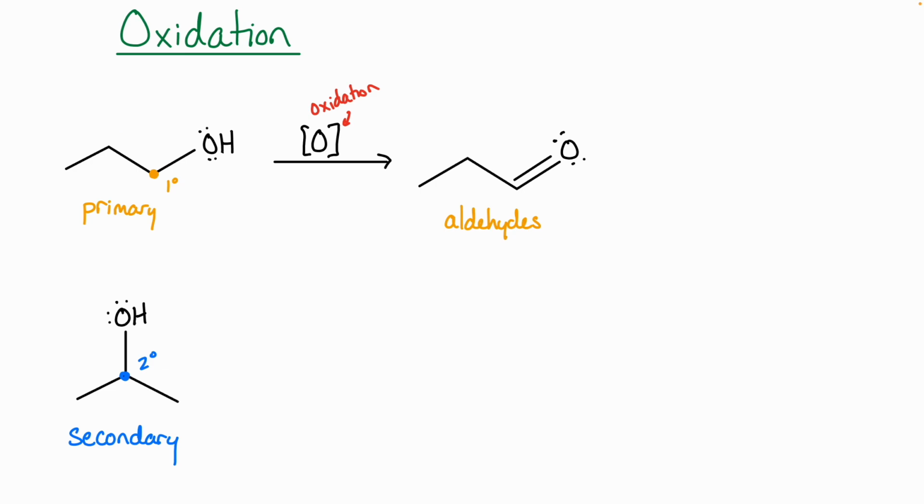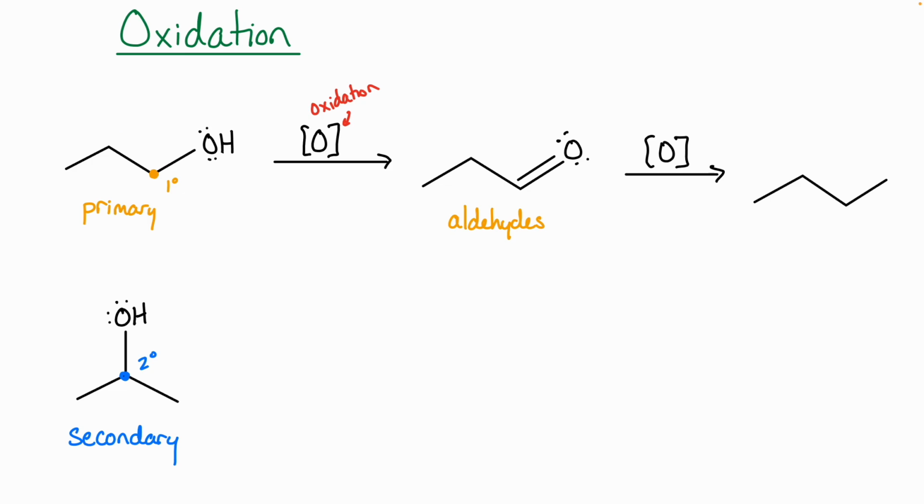All right, but in an aldehyde, that carbonyl carbon has an additional hydrogen on it. So this can actually undergo one more round of oxidation to create this fully oxidized carboxylic acid group.